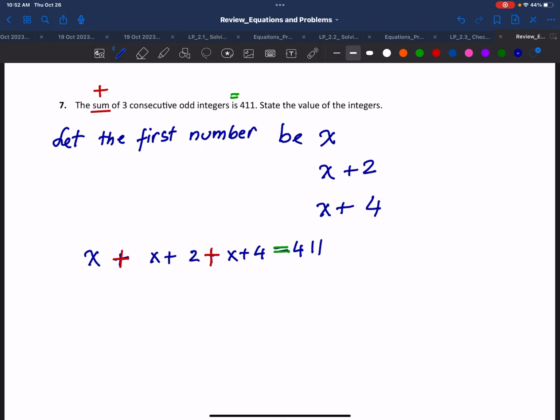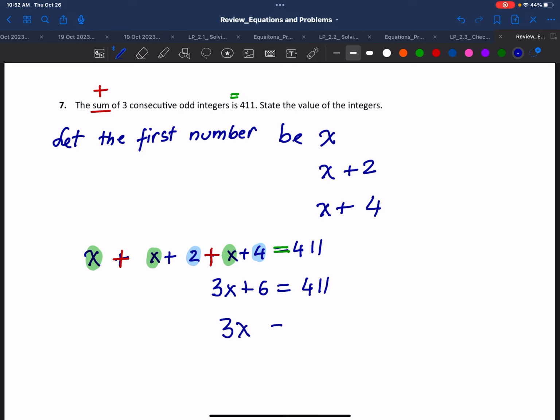So here are our sums. Solve the equation. So collect like terms. We have x, x, x. So we have 3 x's. So together, 3x. And then we have the numbers 2 and 4, so plus 6 equals 411.